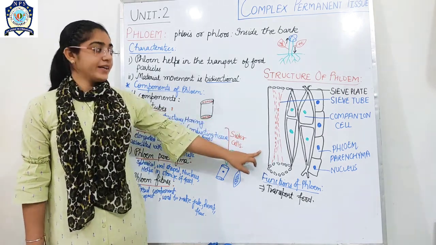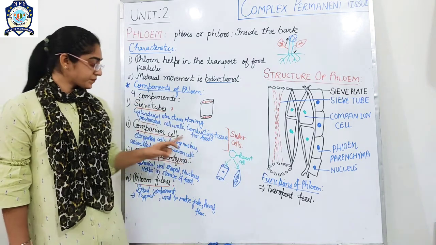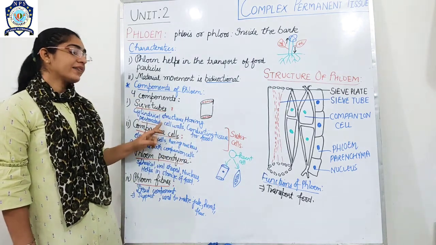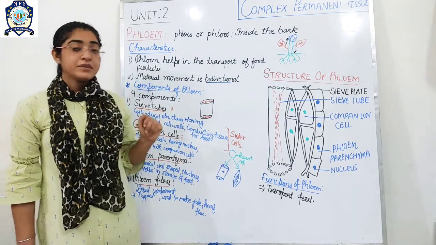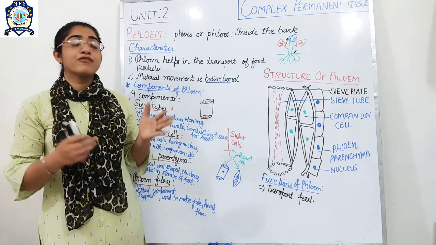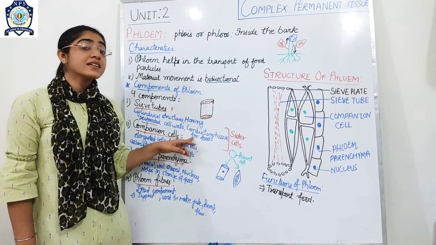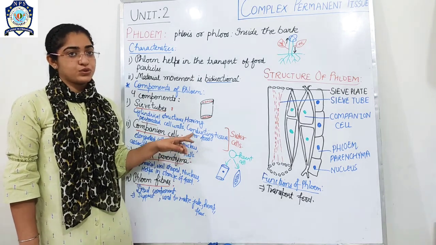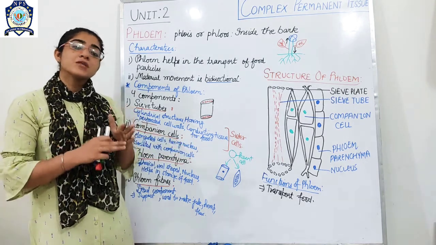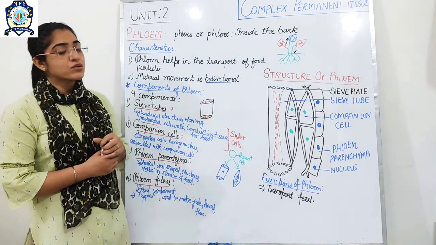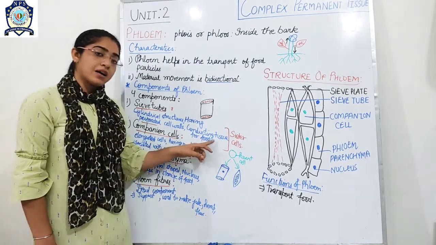This is the complete cross section of the phloem. They are perforated, meaning their cell wall has pores for the exchange of material. These are the main conducting tissue that helps in the transport of food from leaves to other plant parts.